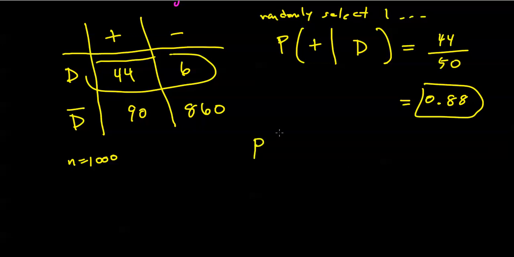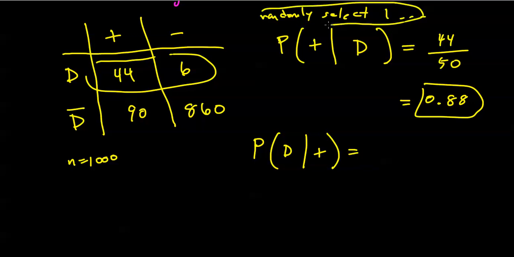Similarly, let's try to reverse those events. Something should come to light here. What's the probability of randomly selecting a drug user given it was a positive test? Well, how many positive tests do we have here? Looks like the sum of that positive test column is 134.